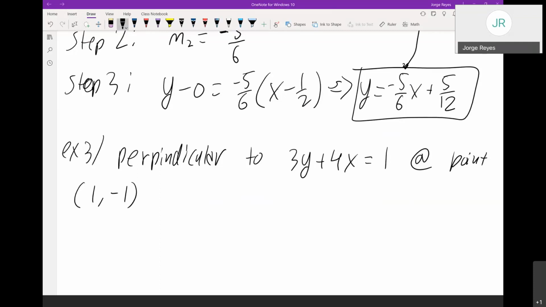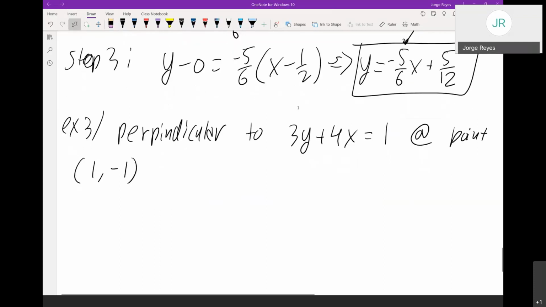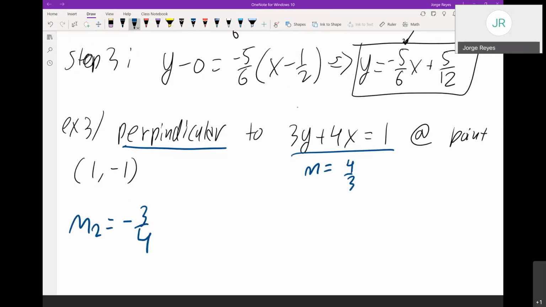Okay, so again, the first thing I'm going to do is figure out this line's slope. So m is going to be equal to negative 4/3. Then I want to figure out my new line's slope, and again, I'm doing perpendicular, so my new slope is going to be positive 3/4. All right, and then lastly, I have a point and a slope, so I put it into point-slope form.